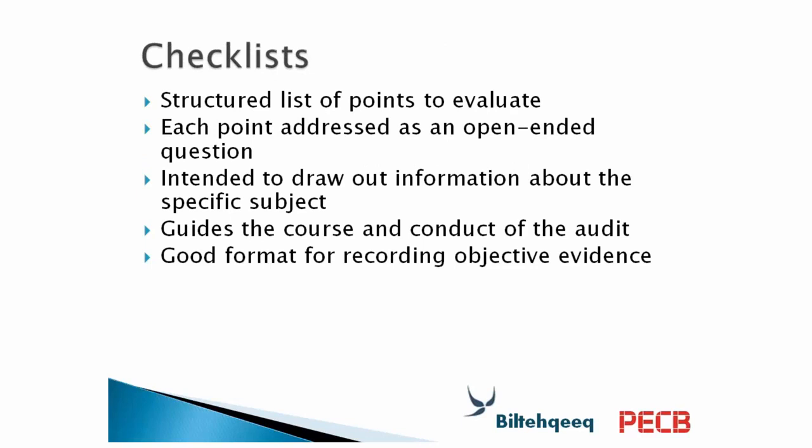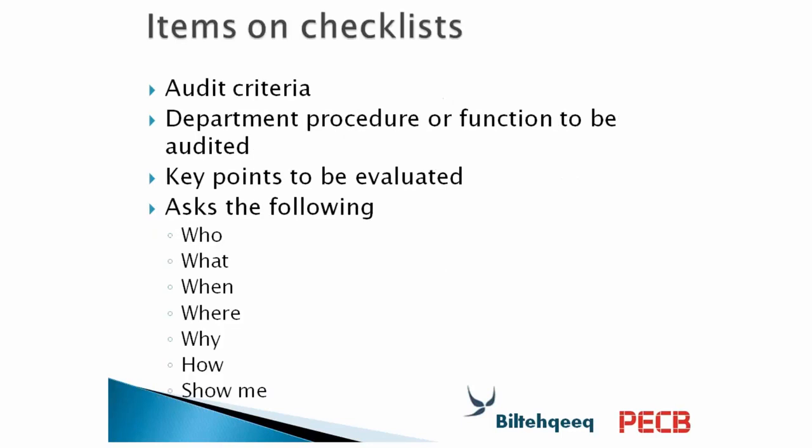To give a direction to your audit, to know what you have to do next, you have to develop a proper checklist. The checklist will help you know what you have to do, and it will help you not to miss any activity which is required to be conducted or audited.